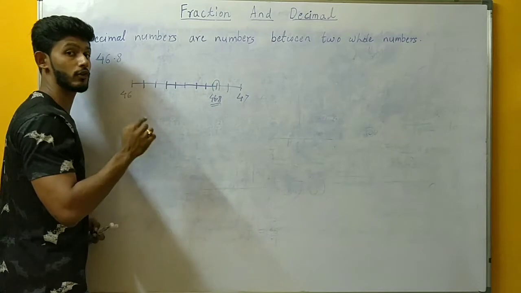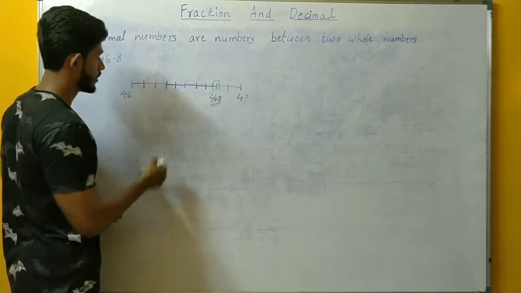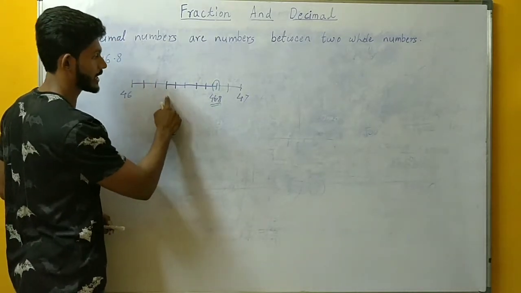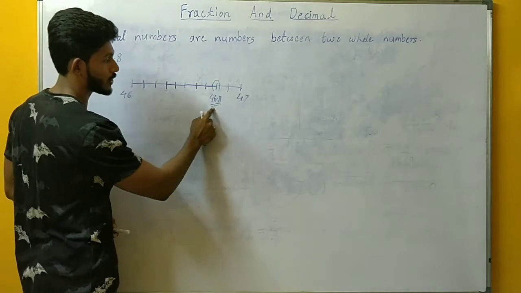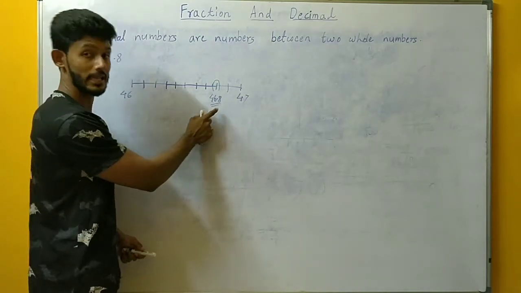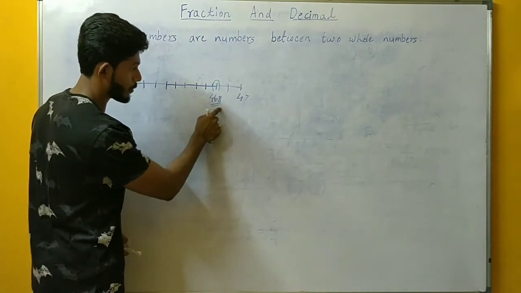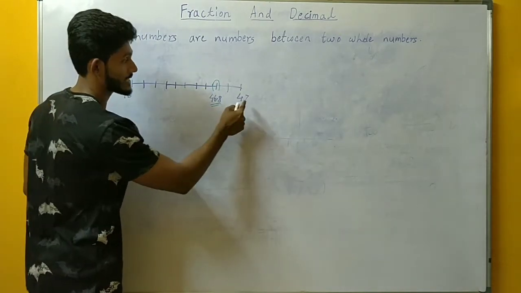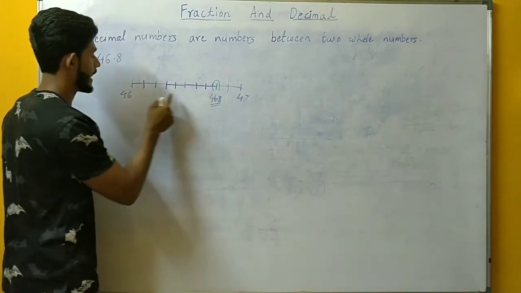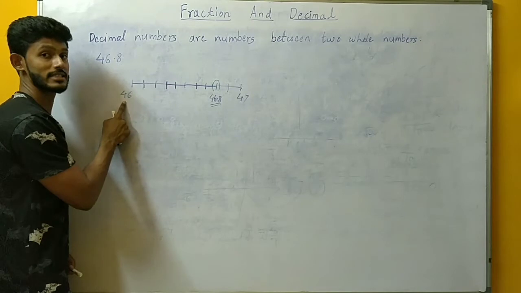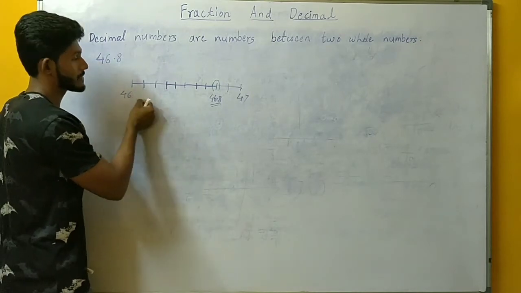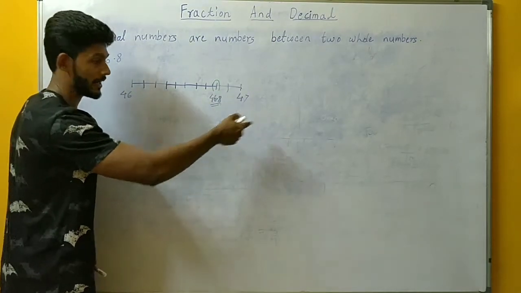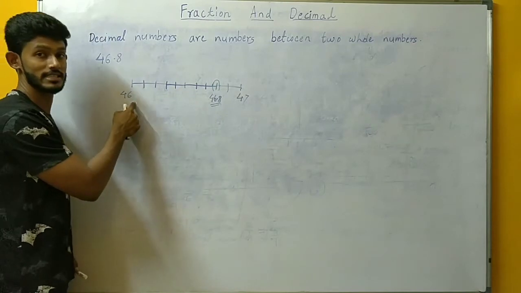The next number will be 46.1, 46.2, 46.3. Then we have 46.8 over here. So this 46.8 is less than 47 and greater than 46, because 46.8 is the 8th part after this 46 between 47.